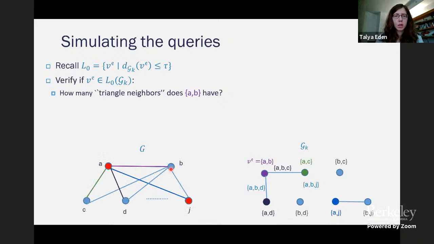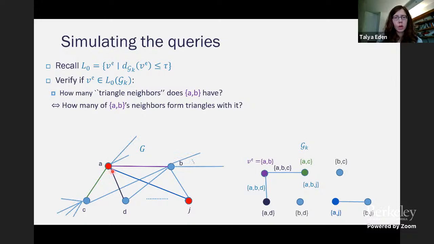If I look at it back in G, I'm looking at some edge, and I want to know how many of its neighbors form triangles with it. Back in G, these vertices might have additional neighbors that do not appear in GK. They're really just neighbors in the graph that do not form triangles with it. And what I want to do is verify how many triangle neighbors it has.